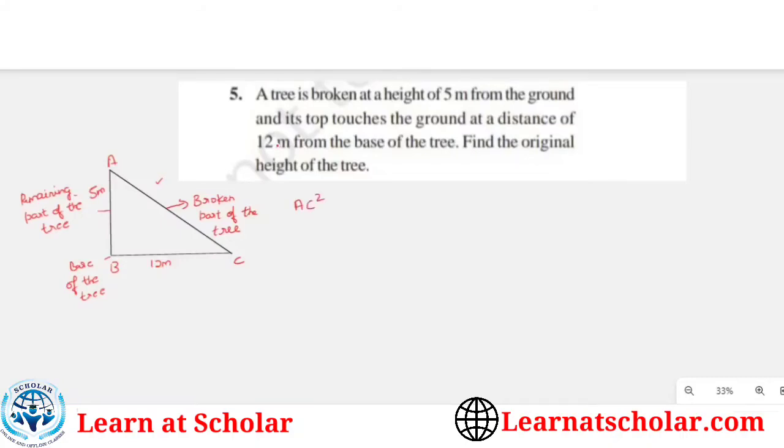We have to find out the AC part, that is the hypotenuse, the broken part of the tree. So again we will use the same property, AC square is equal to AB square plus BC square. The length of BC is given as 12.